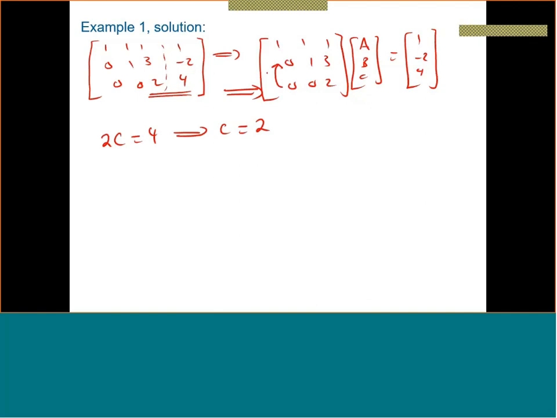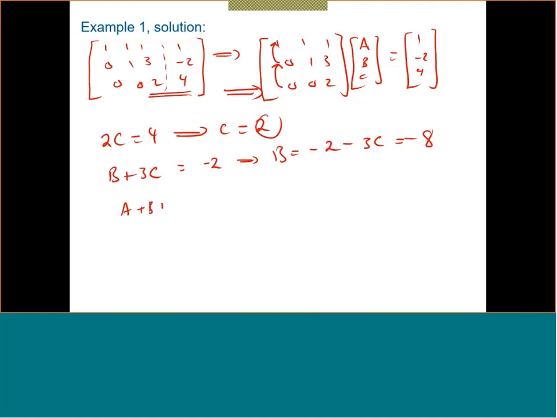So your B is equal to minus 2 minus 3C, but C is equal to 2, so B is equal to minus 8. Now you go to the first equation, which is A plus B plus C is equal to 1. So your A is equal to 1 minus B minus C, which is 1 plus 8 minus 2, and this is equal to 7.